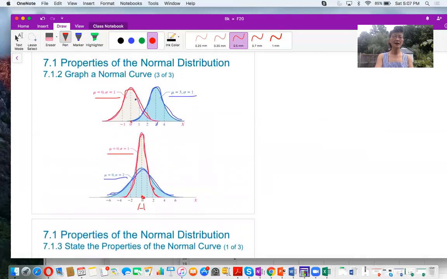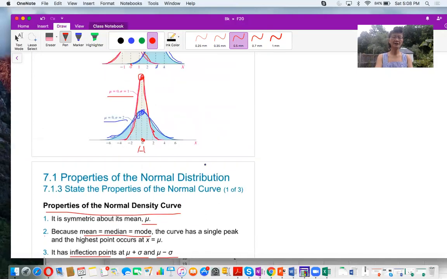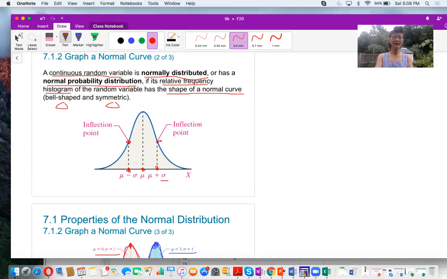Number 3, it has inflection points at mu plus sigma and mu minus sigma. Remember, at mu plus sigma and mu minus sigma, you have inflection points.